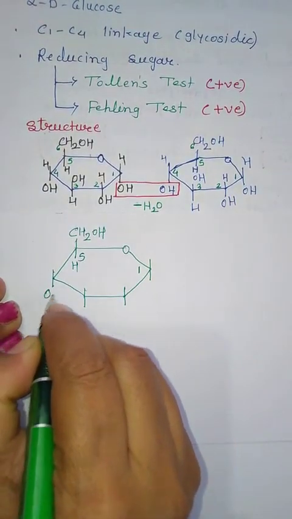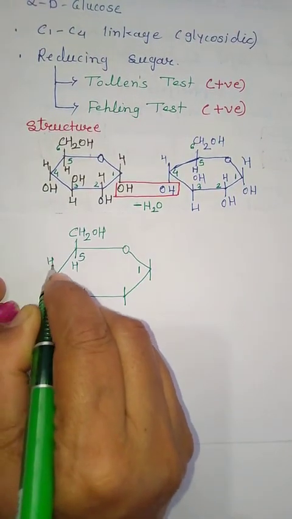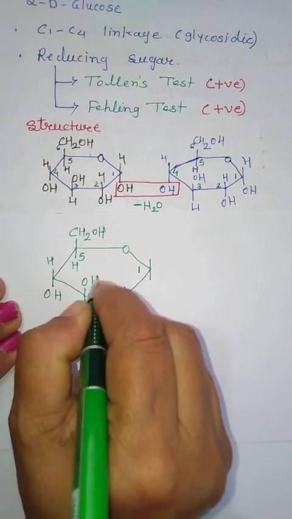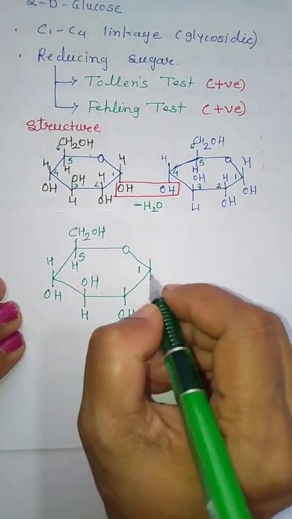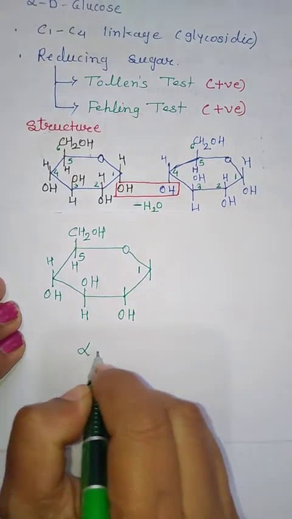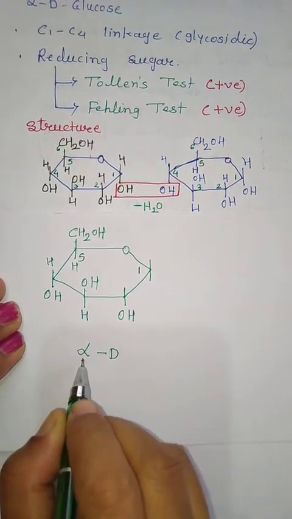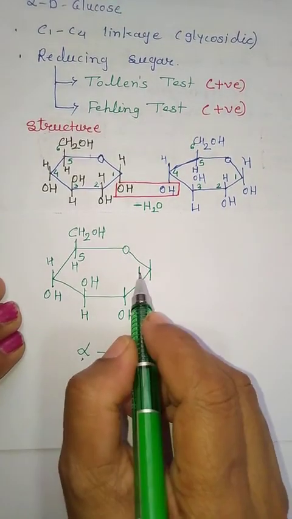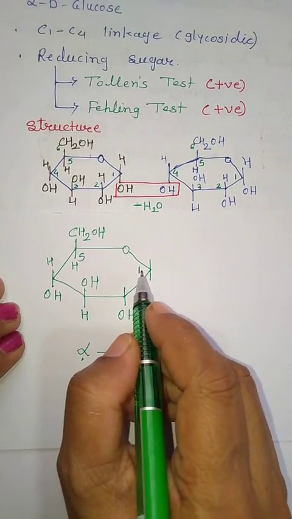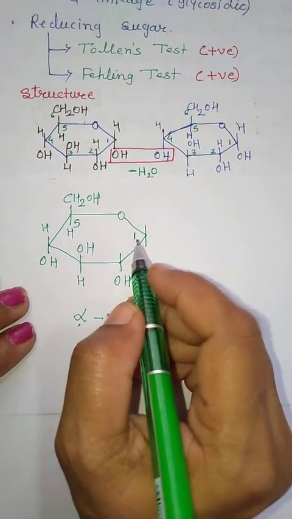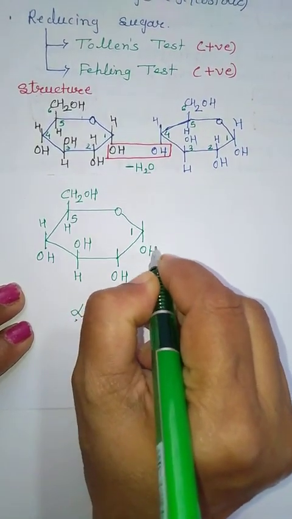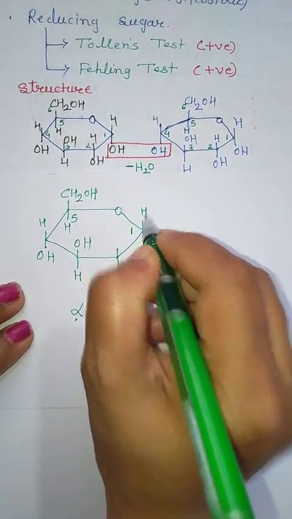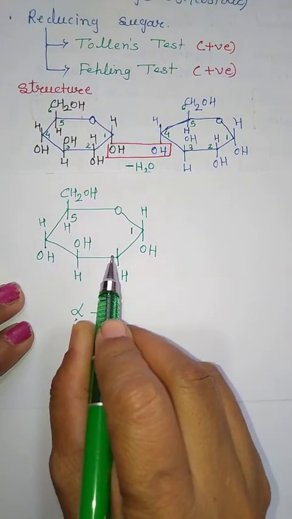The fourth is downward, the third is upward, then the second is again downward. Because it is alpha D, what is alpha D? Alpha D is the configuration of the hydroxyl at carbon 1, where in the alpha structure the OH will be on the downward side. So this is one molecule of alpha D.